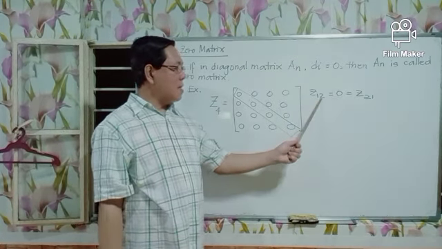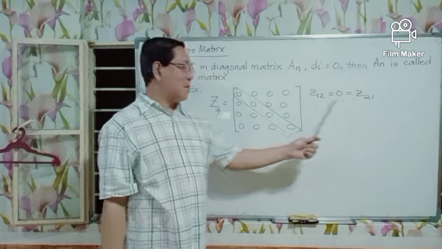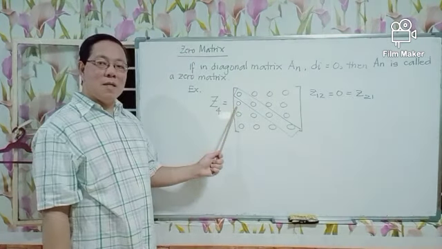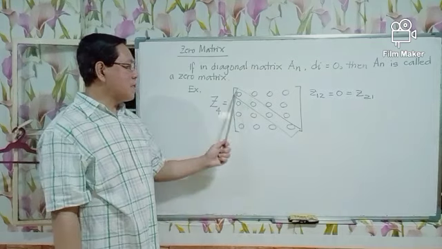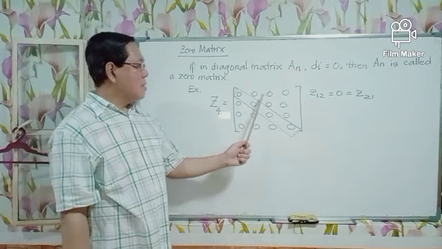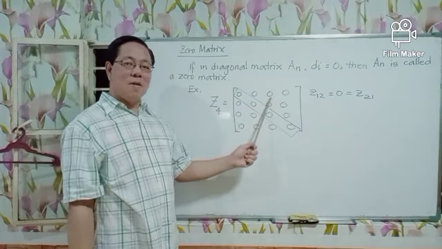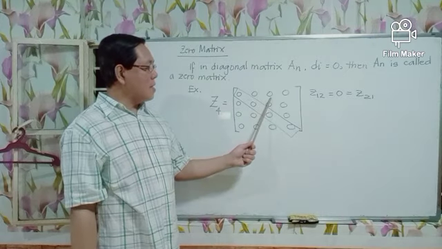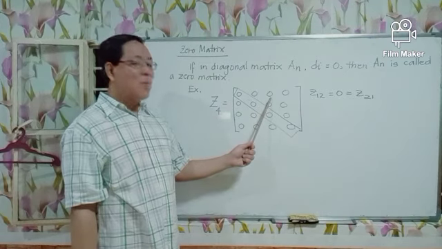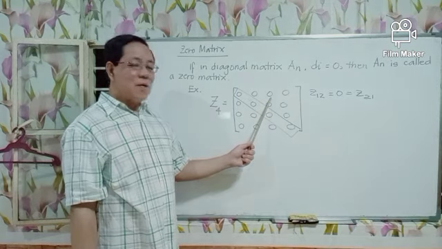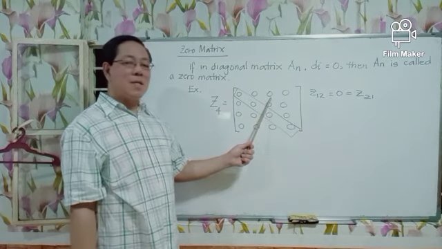And that entry is equal to the entry in the second row, first column, which is 0. This entry 0 is denoted by Z sub 1,3. This is the entry in the first row and third column.